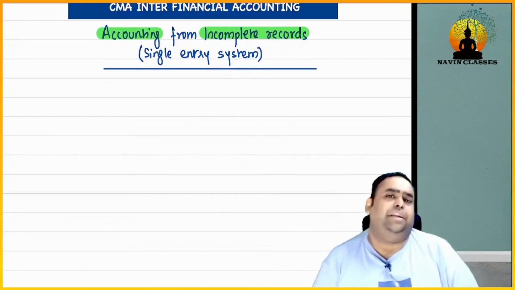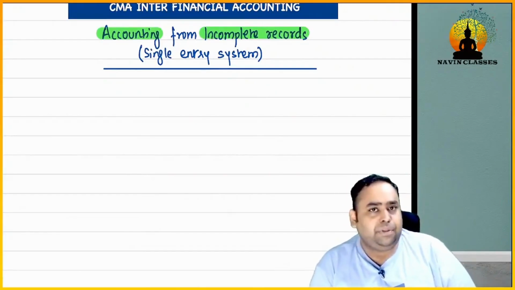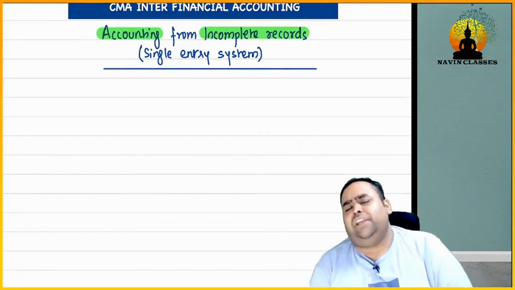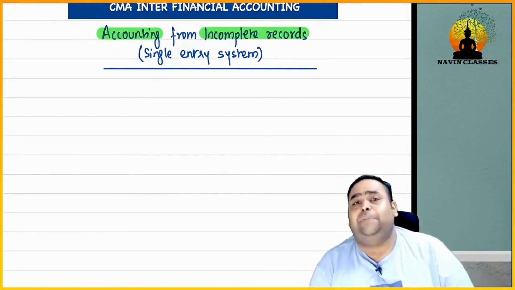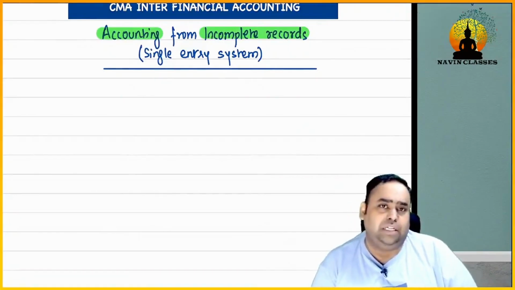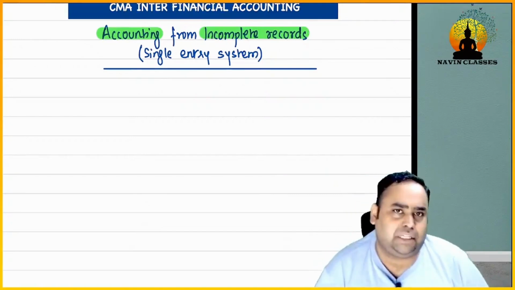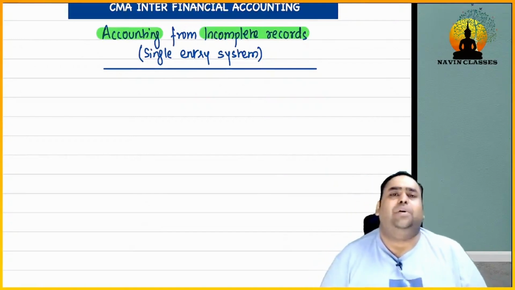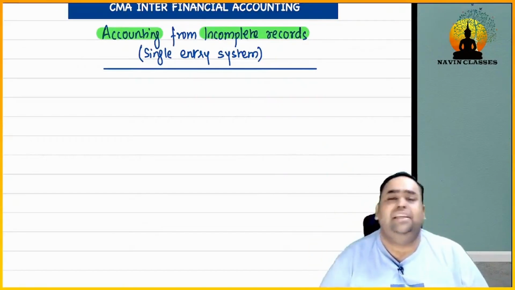From these incomplete accounting records, we'll learn to prepare final accounts in this chapter. What's the difference between final accounts in the last chapter and final accounts in this chapter? In the last chapter, you were given the trial balance. All the information was already prepared, and you just had to arrange it in the final accounts. As the accounting records are not maintained according to the double entry system here, you will never be given the trial balance.